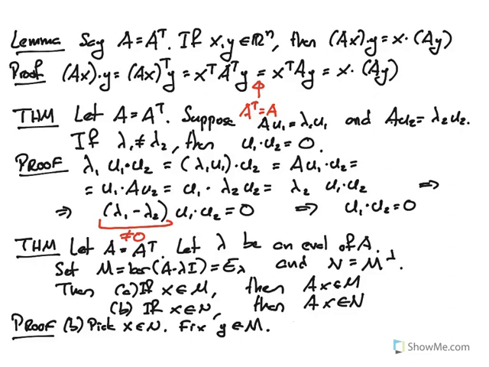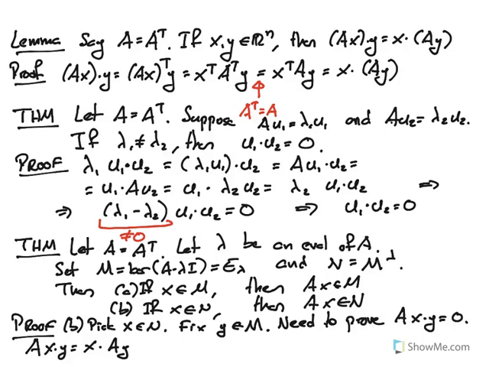Since if this holds for every y, then that means that Ax belongs to the orthogonal complement of M. So we need to prove Ax inner product with y is 0. Well, Ax dot y is x dot Ay. No, sorry, the other way around. No, it is, so this is good.